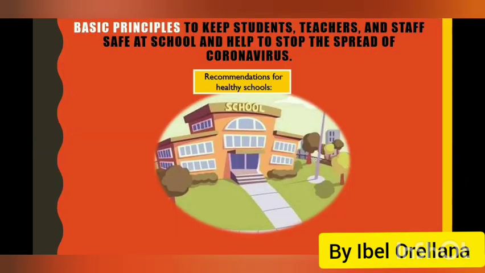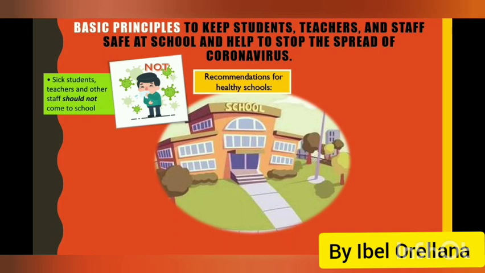For developing the next activities, first we are going to review a reading. Basic principles to keep students, teachers, and staff safe at school and help to stop the spread of coronavirus. Recommendations for healthy schools. Sick students, teachers, and other staff should not come to school.